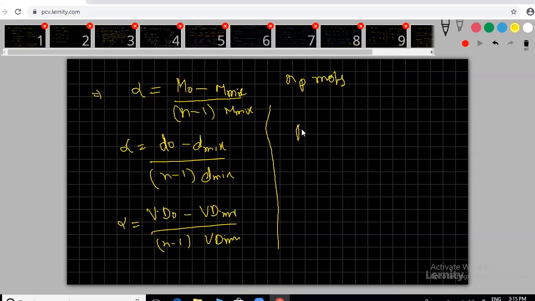Can you write the Kp expression in terms of alpha, sir? You can take alpha directly: PCl5 gives 1 minus alpha, PCl3 plus Cl2. All these are in gaseous state. I am taking initially 1 mole, then alpha, alpha, alpha. Can you write the Kp expression? Anyone?